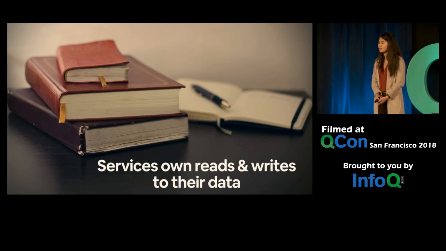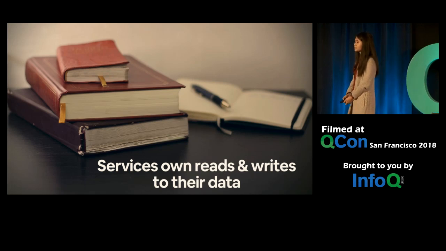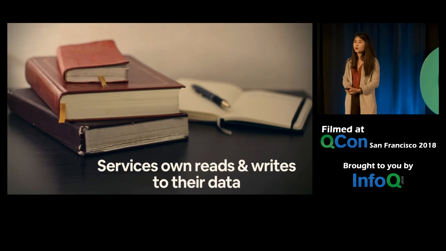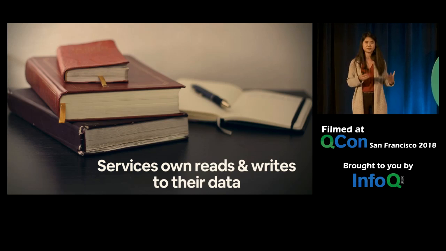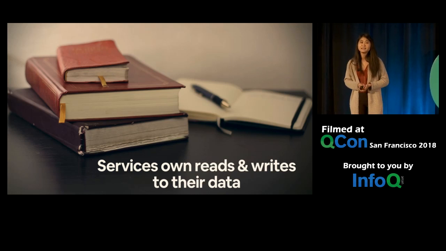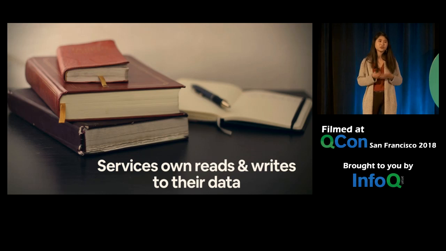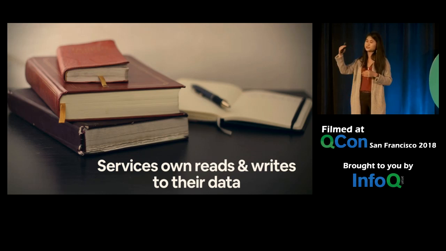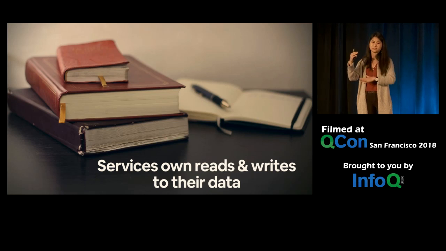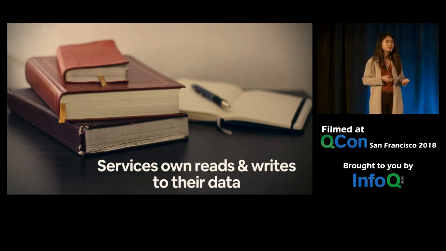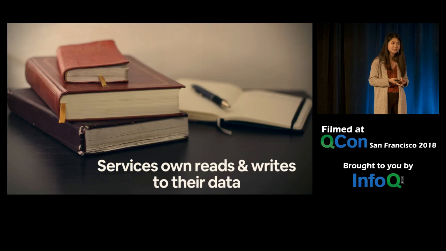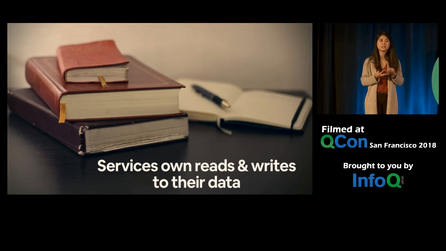The first of these principles was that services should own both reads and writes to their own data. This means if multiple services are interested in a certain data set, they must go through the gatekeeper service's API to access that data. This principle helps with data consistency as well as encapsulation and isolation.